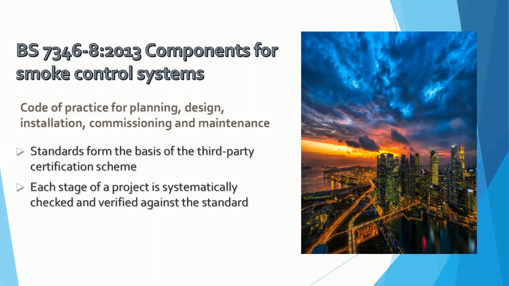As previously mentioned, BS 7346 Part 8 2013 covers components for smoke control systems and offers both technical and procedural guidance, including useful information on certificates for all stages of design. It is referred to in BS 9991 and is included in the EN 12101 suite of numbers. Certificates of competence of system designers and installers should be part of the package of certificates given at the building handover.